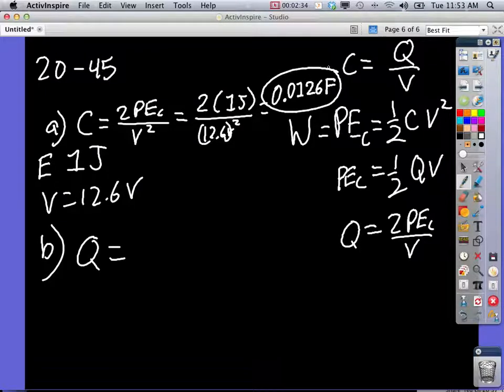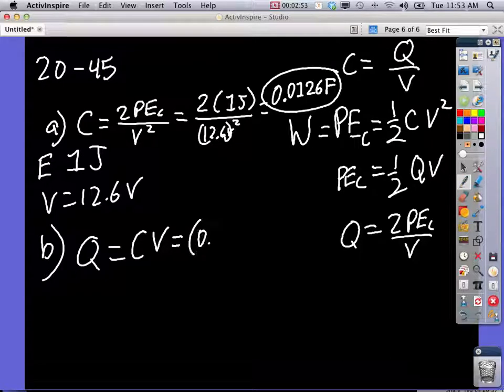What does F stand for? Farads, named after Mr. Faraday. Now, if I know that's the capacitance, then I can use this equation to go right back and say since C is Q over V, Q will be CV.